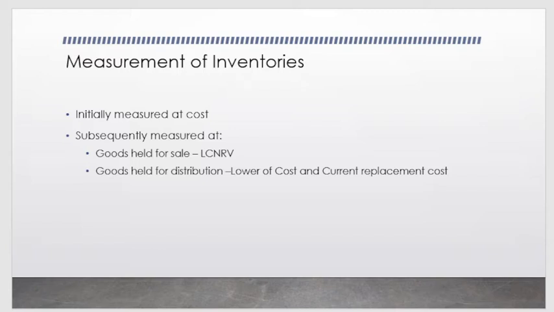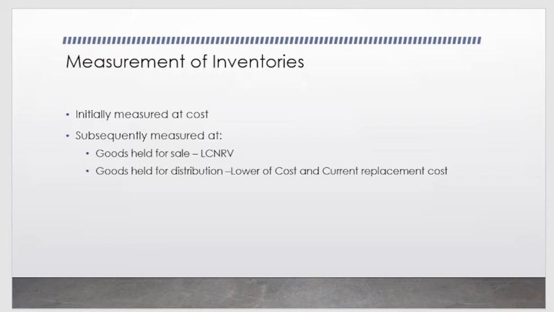Okay? So when we say the net realizable value, we mean the estimated selling price less the estimated cost of completion and estimated selling or disposal cost. Kumbaga yung net realizable value, kung magkano na lang talaga yung value niyan after deducting all items related to selling and disposal. When we say current replacement cost, this is the cost that the entity would incur to acquire the asset on the reporting date.